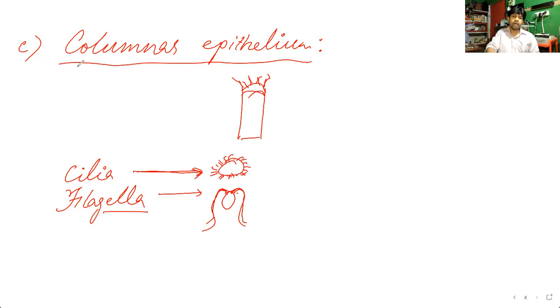So in this columnar epithelium also, some of the columnar epithelium has this type of cilia or flagella in them. Okay, and why is this columnar? Already I told you that their shape is like a column, long. So this columnar epithelium we are getting mainly in our respiratory tract, or in our nose also.